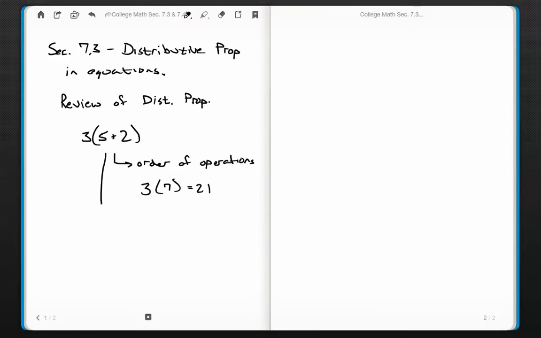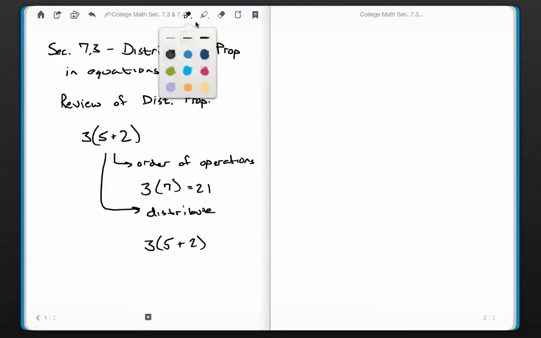Alternatively, I could distribute, which is totally okay. Just to check this out, I could say 3 times 5 plus 3 times 2.